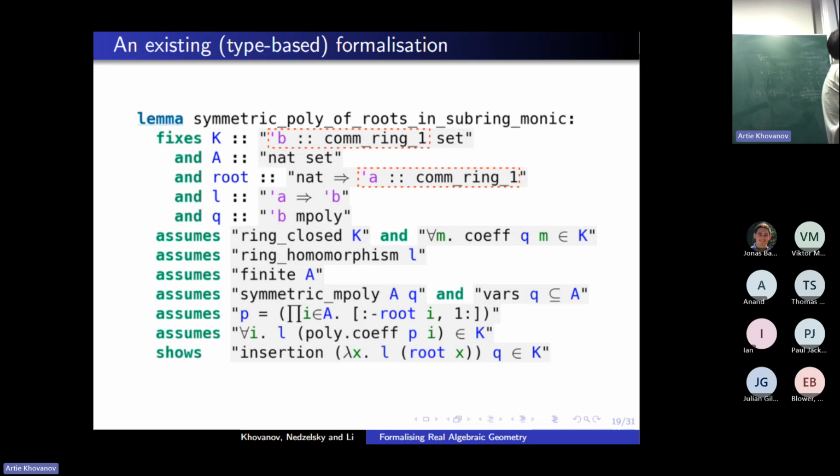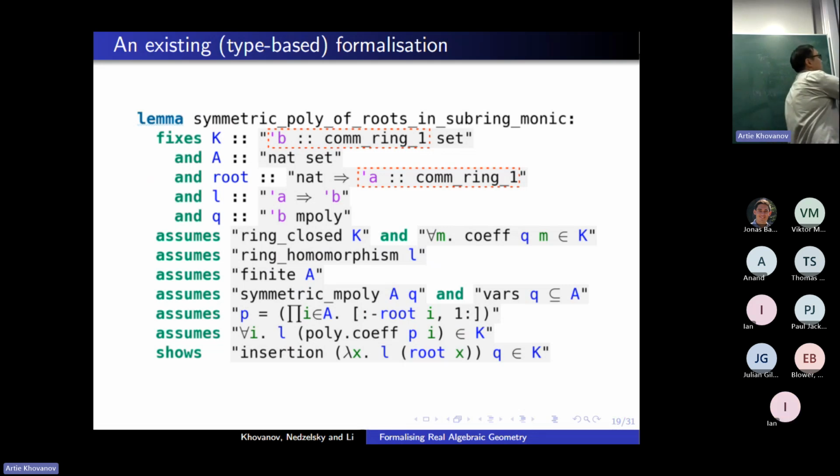Although in this version we don't have a formulation of the algebraic closure, here we say, okay, this P is equal to the product of these roots. So this is in a form saying that these roots are from an algebraic closure of the field.